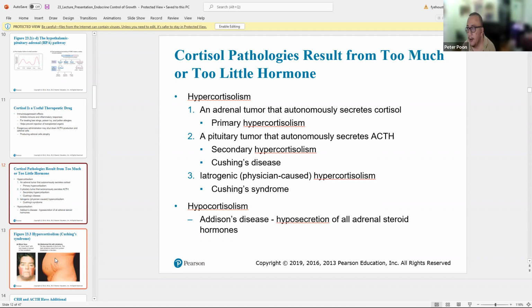And then finally, iatrogenic hypercortisolism, Cushing syndrome. For hypocortisolism, the most common one is actually Addison's disease, which is hyposecretion of all the adrenal cortex hormones.